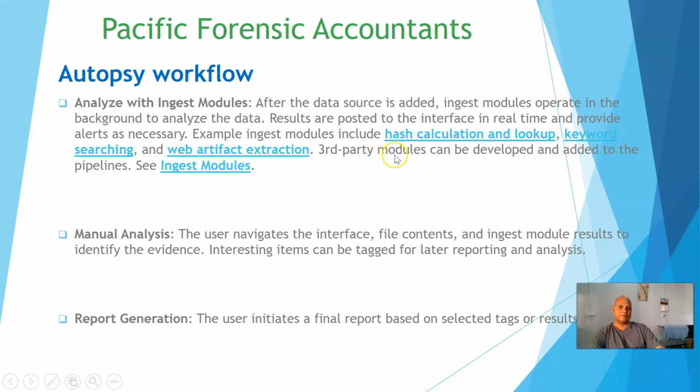Hash calculation, and ingest modules, which I will cover shortly, are about the content or the artifacts that Autopsy will analyze from a suspect's hard drive. So it will include, say, a summary of all documents. A document is finished off with the extension .doc, and for pictures, JPEG, for example.